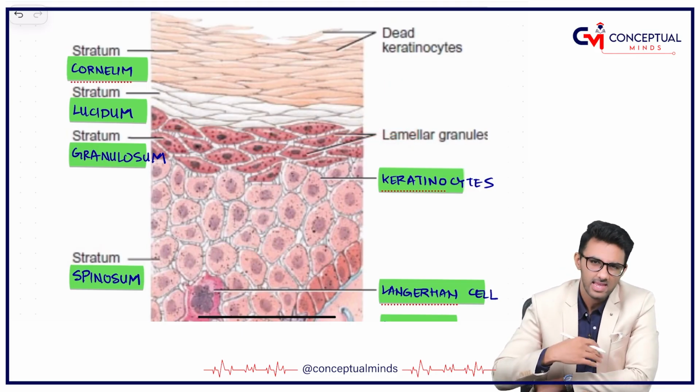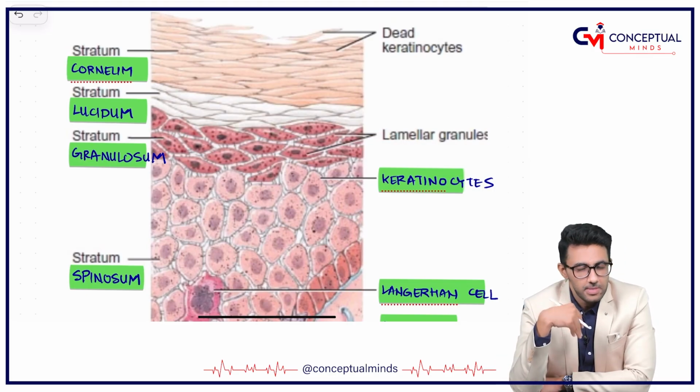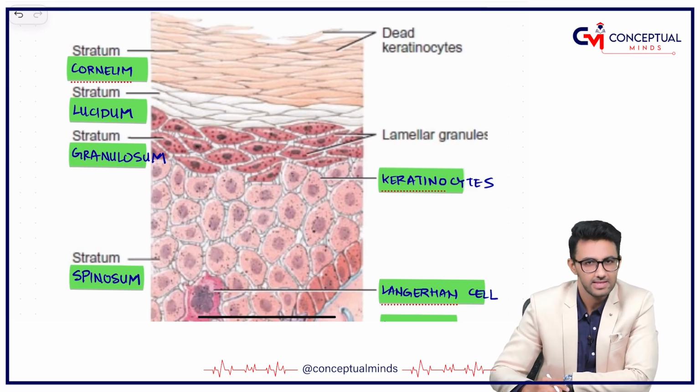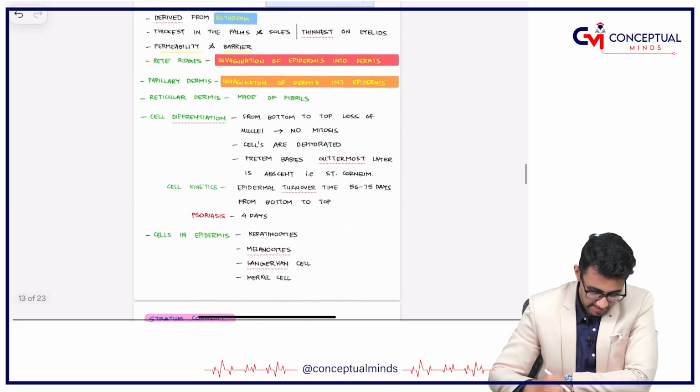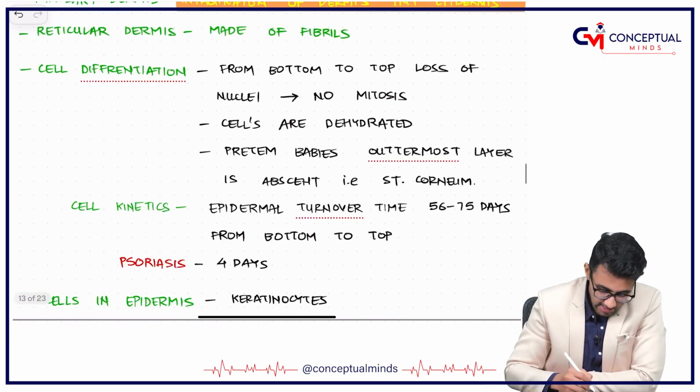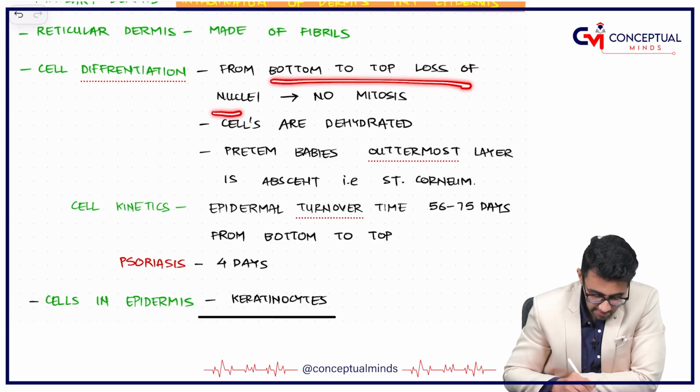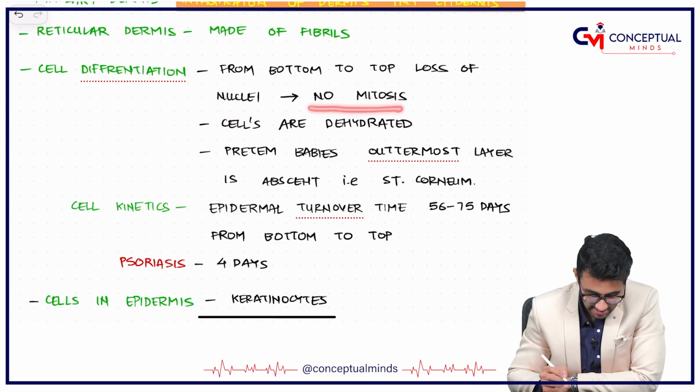Okay, so that is how, when the cells mature, the cells are produced in the stratum basale, they travel up and shed off the nucleus. Okay, so that is cell differentiation, and we will talk about cell differentiation a lot. So the same point from the bottom to top: the loss of nuclei, there is no mitosis, and the cells are dehydrated.